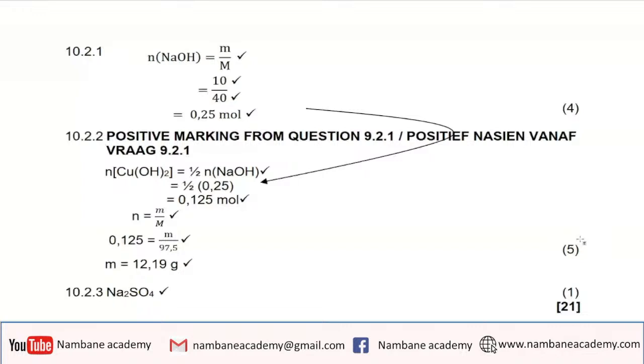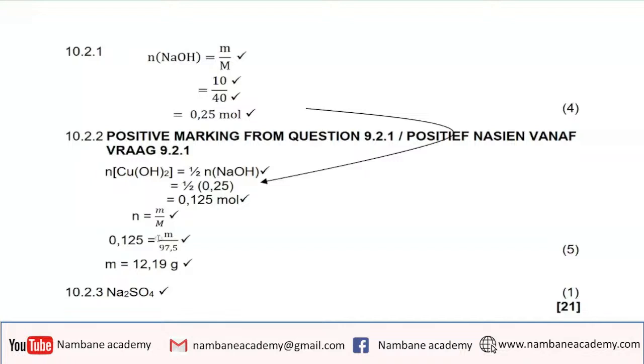The mark is on the answer that it is equal to 0.125 moles, and then number of moles equals mass divided by molar mass. 1 mark for that formula, 1 mark for the whole of that substitution. As you can see, it is 0.125 equals m divided by 97.5. So that one is for the whole of that substitution and getting the mass of 12.19 grams. The total for that is going to be 5 marks.